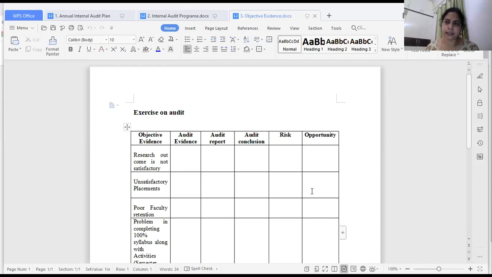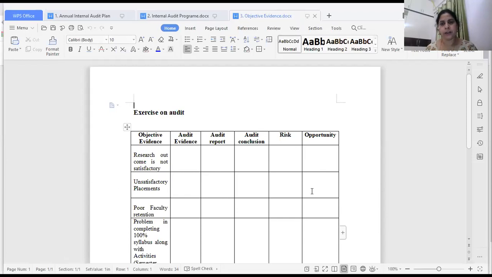Then let us understand and write down these things before we go for reporting the audit. So these things we have discussed in the last session also. That is, what is objective evidence, what is audit evidence, what is audit report, audit conclusion. The new thing here is risks and opportunities.